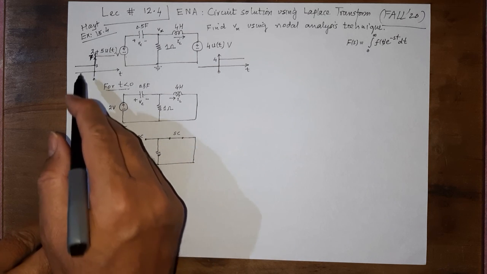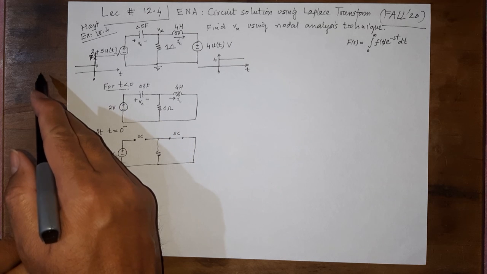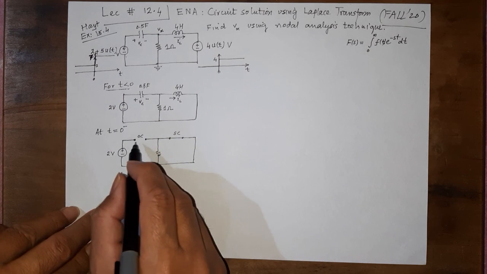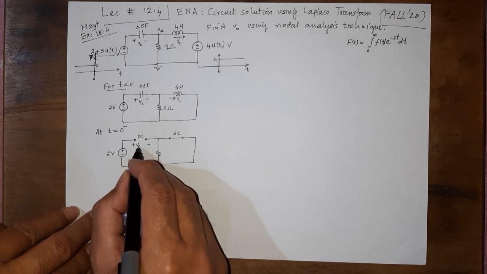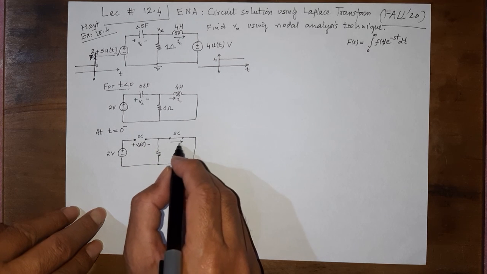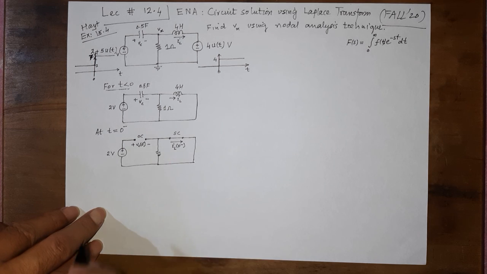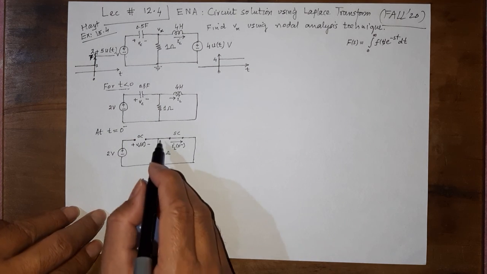If a DC circuit has inductors and capacitors for a long time, so how long had this 2 been applied? Since eternity, from minus infinity to 0 it was there, so the capacitor was replaced by an open circuit, and this VC at 0 minus is what we are interested to find, and this IL at 0 minus. So what is going to happen?